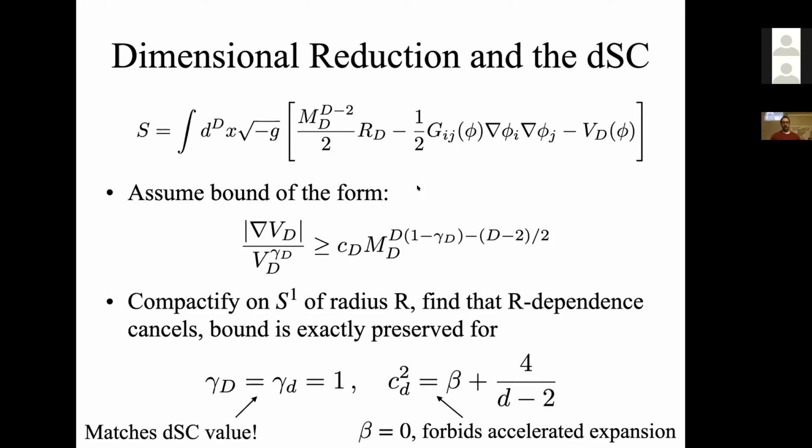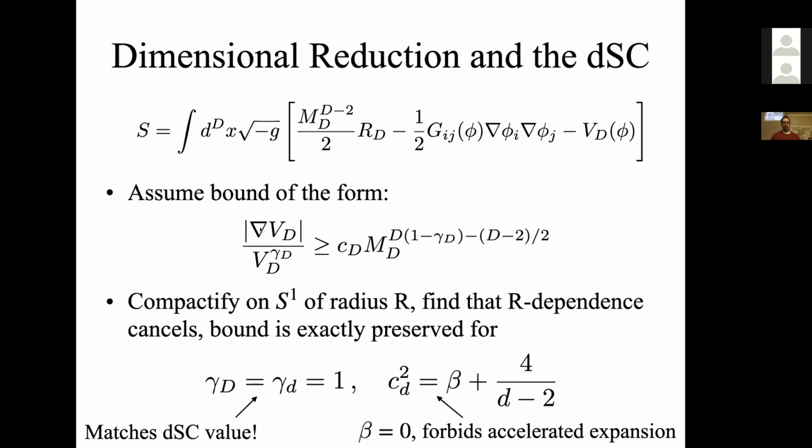So we compactify this on a circle, and what you find is that the R dependence, the dependence on the radius of the circle, exactly cancels when gamma is equal to 1. So in other words, dimensional reduction is picking out this particular value of gamma. And notably, this is the value that shows up in the de Sitter conjecture.